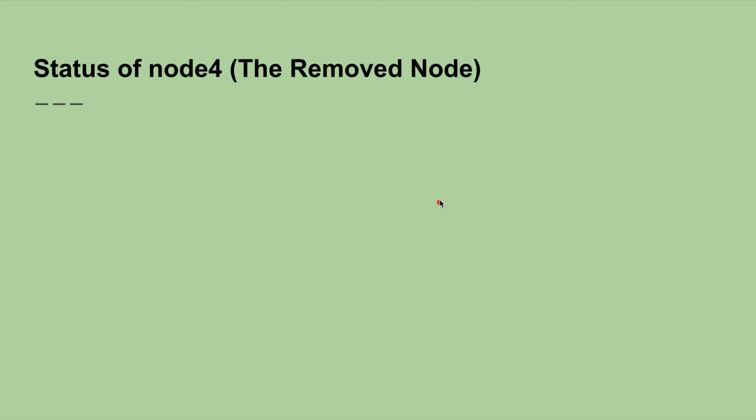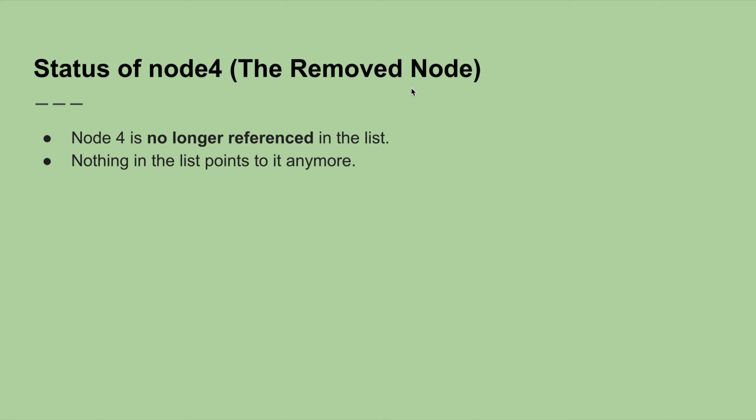But if we skip that, it means the node has been removed. So what is the status of the removed node 4? First of all, node 4 is no longer referenced in this list because we have removed it. Nothing in the list points to it anymore.